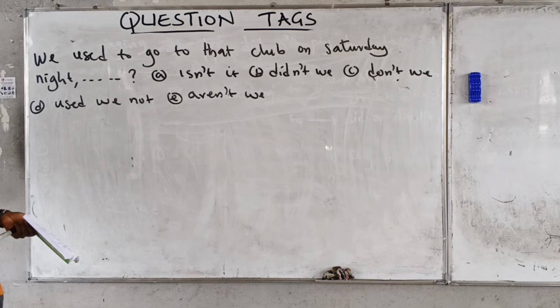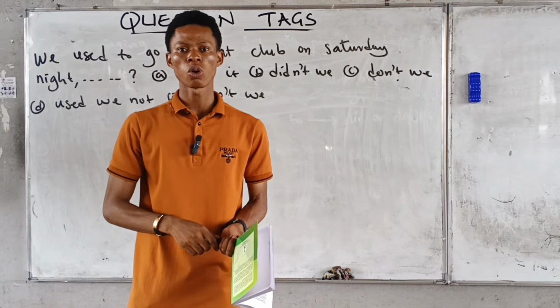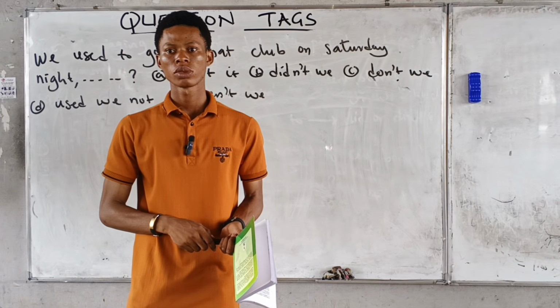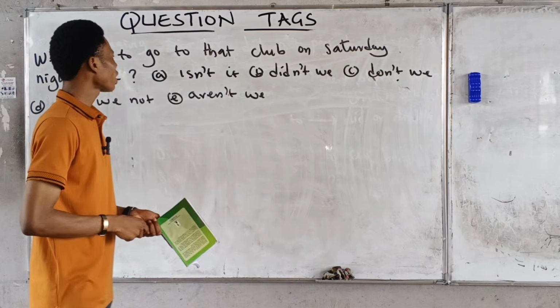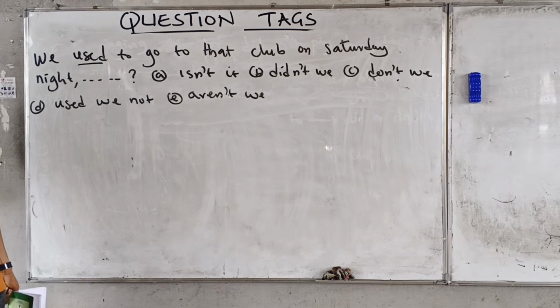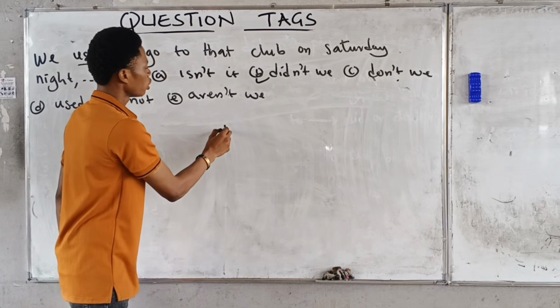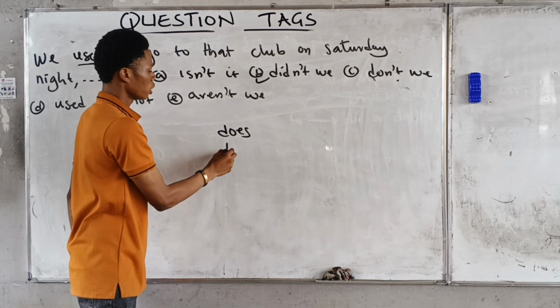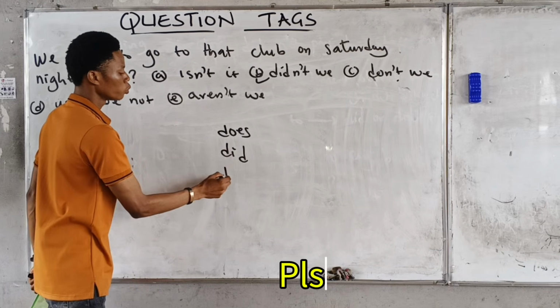Now, remember when there is only a lexical verb and there is no what? Operator. What do you use? Did, does, or what? Doesn't, right? But now look at this. We used, is this present or past tense? Past, right? Now, the answer to this question is, didn't we? Do you know why? What's the difference between does and did and do?